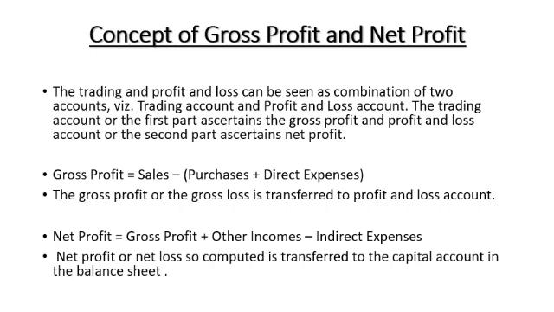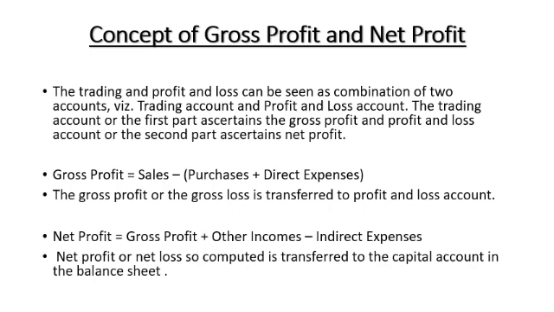The trading and profit and loss account is a combination of two accounts. One is the trading account and the other is the profit and loss account, which are combined. The trading account is the first part, for calculating the gross profit or gross loss.